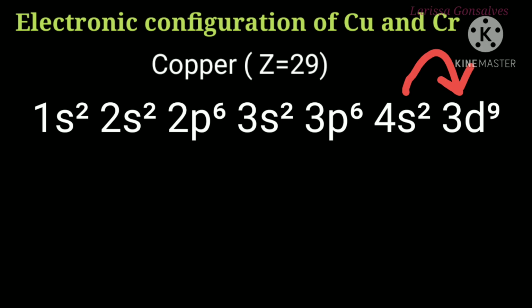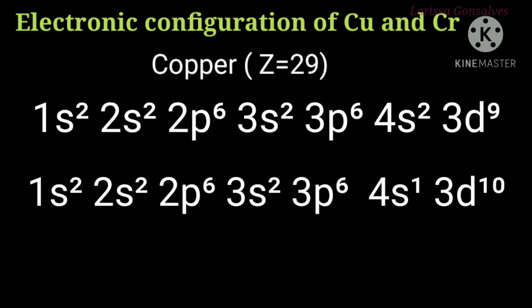Now if I transfer 1 electron from s into d, we will be left with 1 electron in 4s and 10 electrons in 3d. So s will be half filled and d will be completely filled, which is again another factor of attaining stability. So the new electronic configuration will be 1s2, 2s2, 2p6, 3s2, 3p6, 4s1, 3d10.